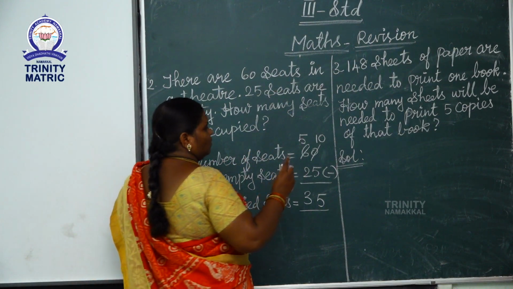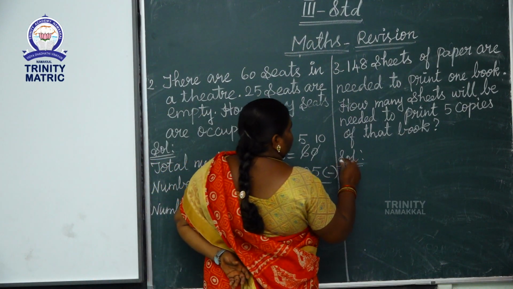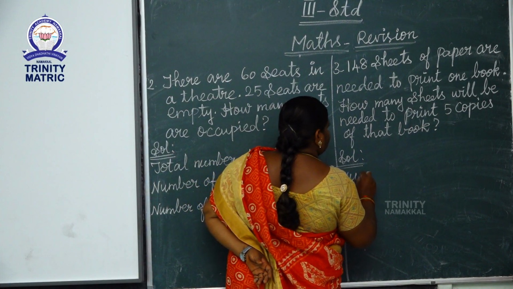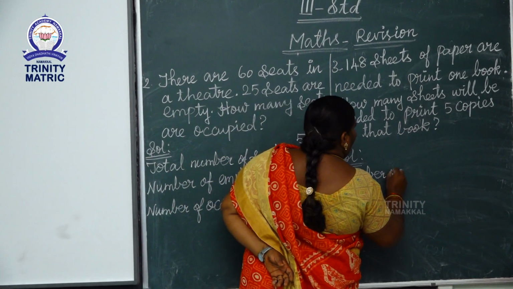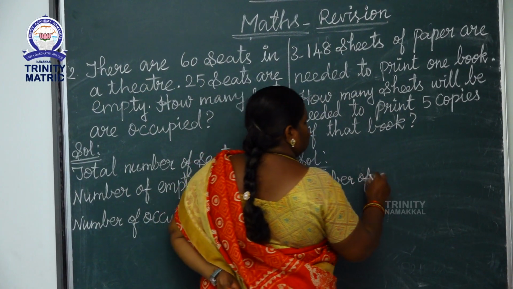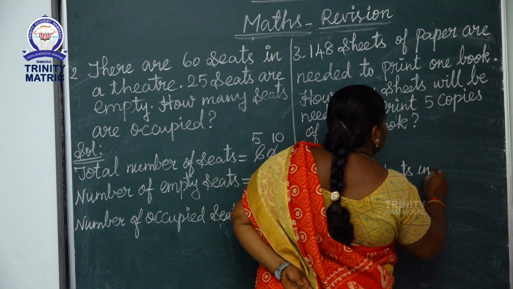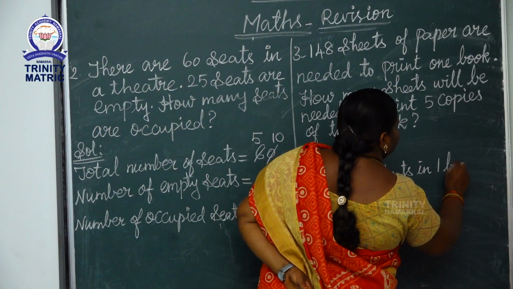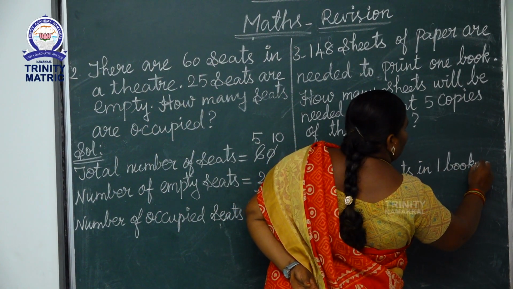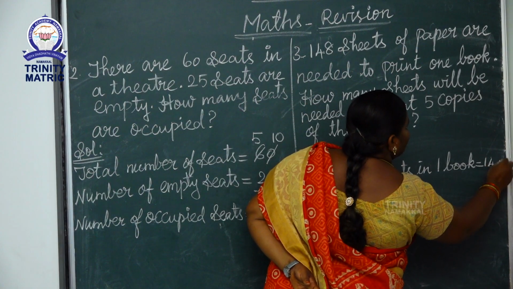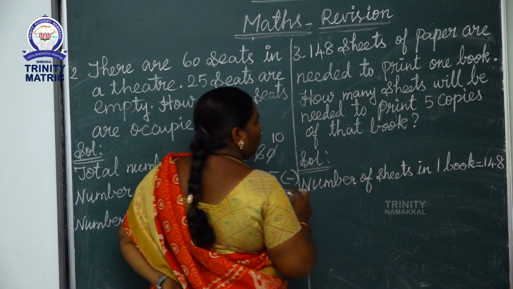Okay, see here. Number of sheets in one book. How much? 148.